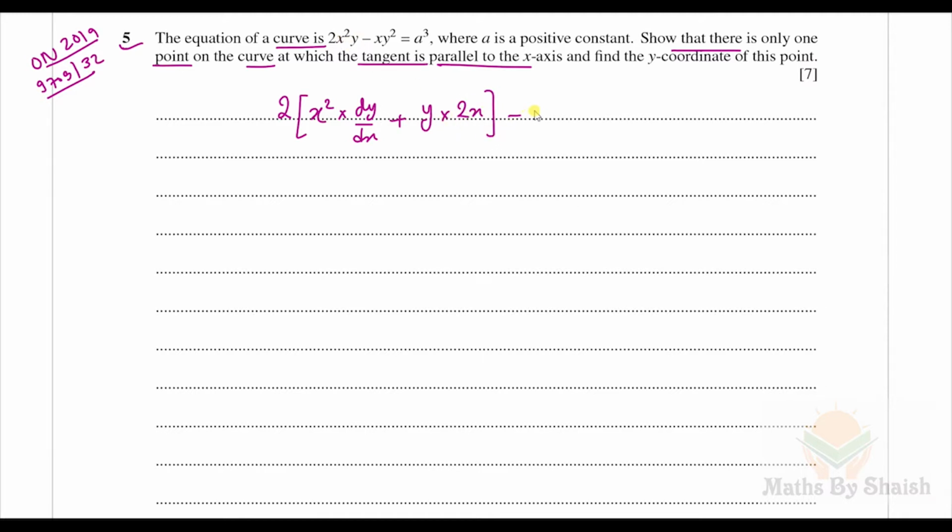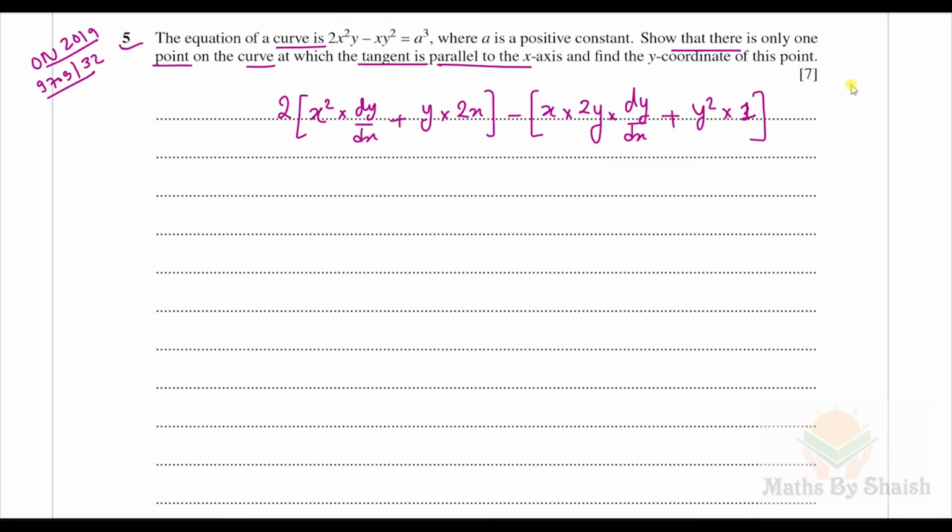Minus, again the product of two terms: first function as it is, differentiation of the second function y² is 2y dy/dx, plus y² as it is, and the differentiation of x is 1.